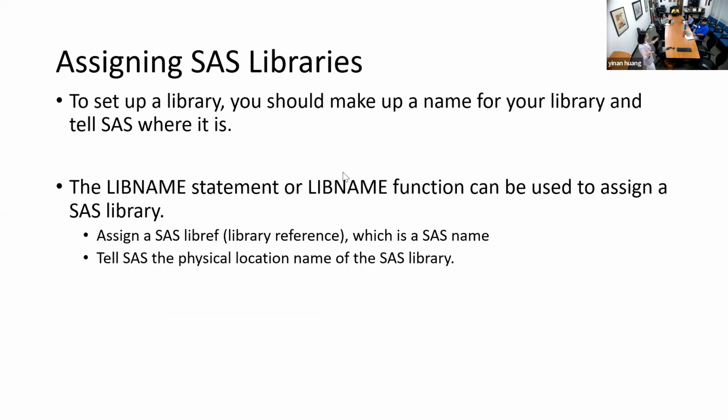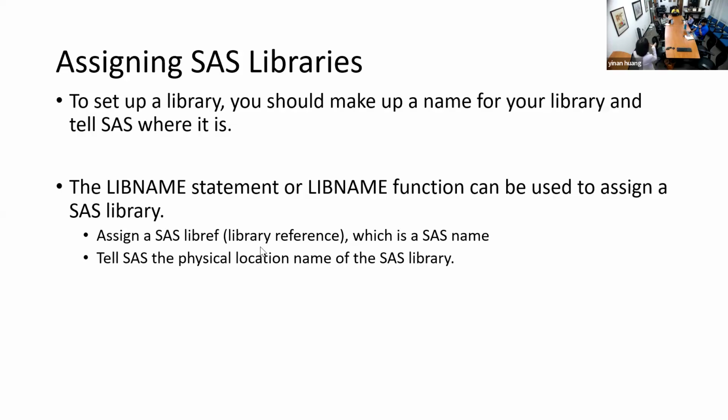I wrote it here. To set up a library, you should first make a name for your library. Second, tell SAS where it is. This can be achieved using the SAS LIBNAME statement, or we can call it the LIBNAME function, which helps us assign a SAS library.